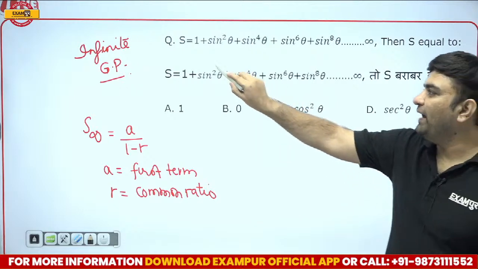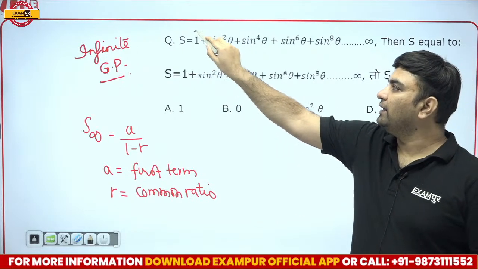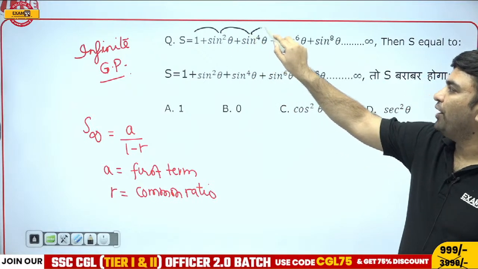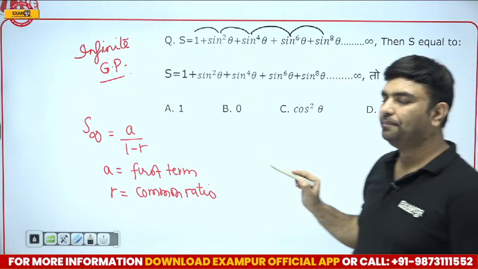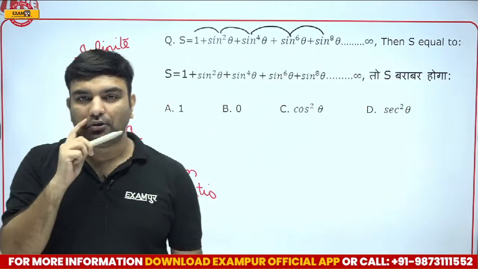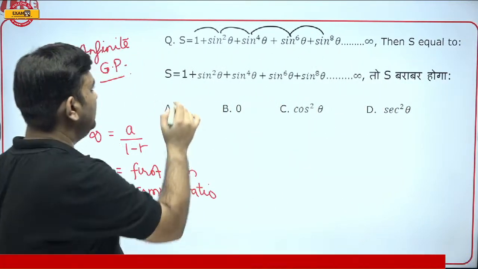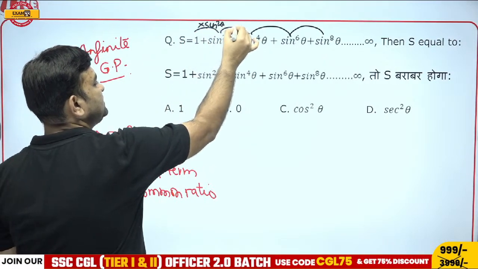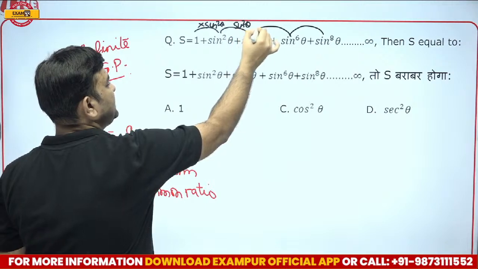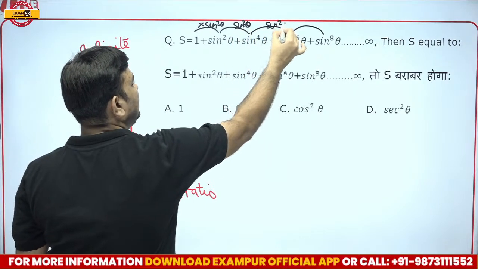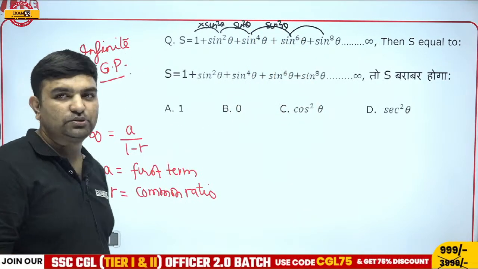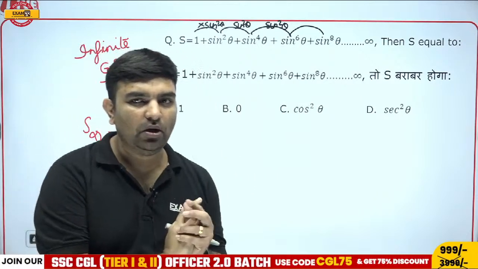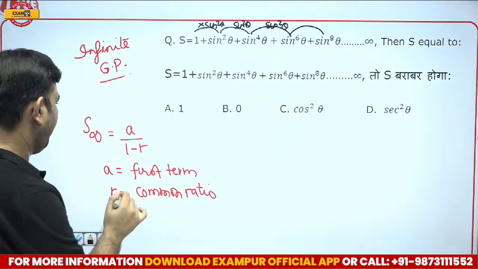So it's an infinite GP, increasing by the product of sine square every term. First into sine square theta is sine square theta. Sine square theta into sine square theta is sine to the power 4 theta. So there is a continuous multiplication of sine square theta, and it is called an infinite GP.